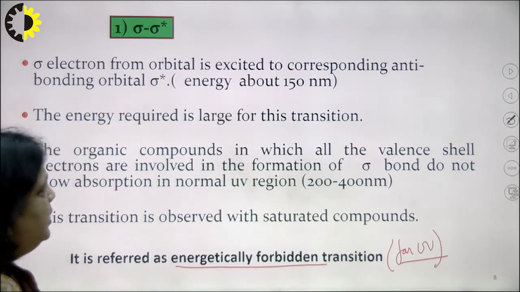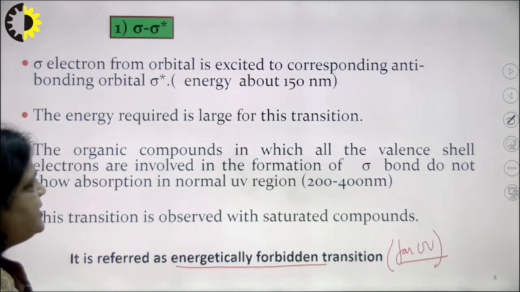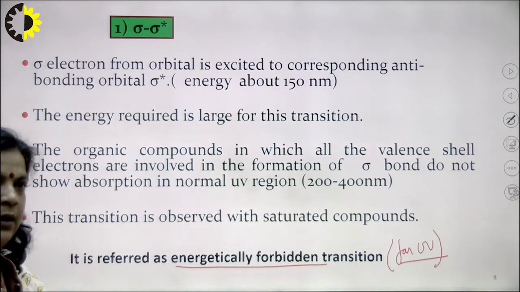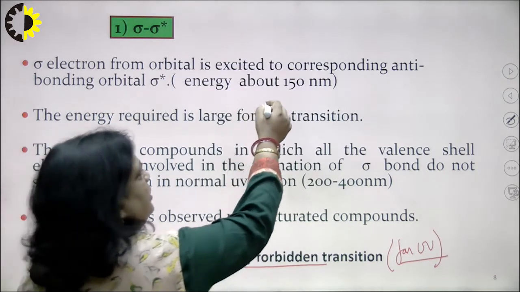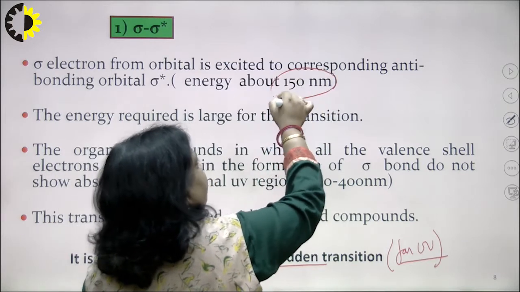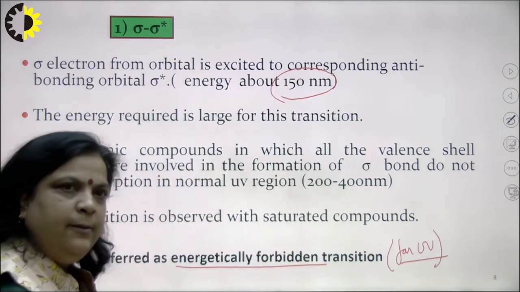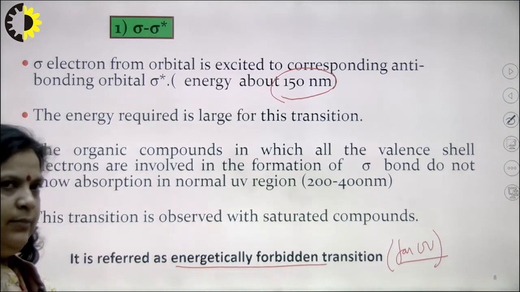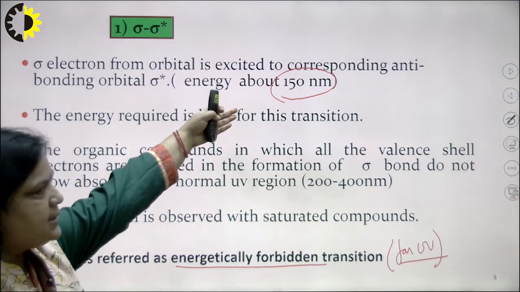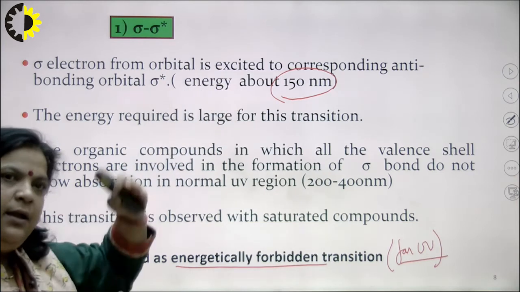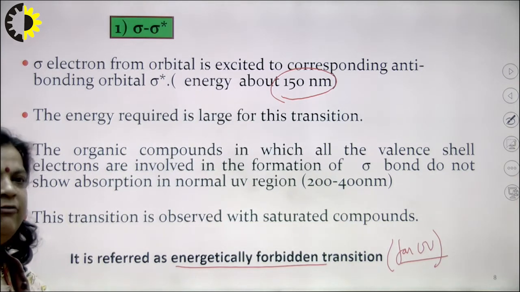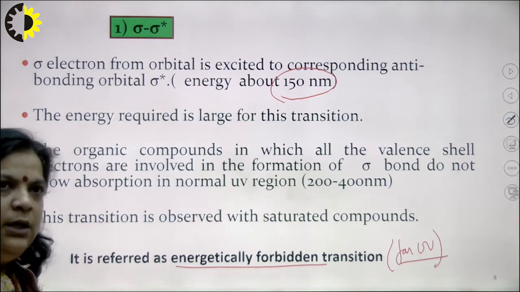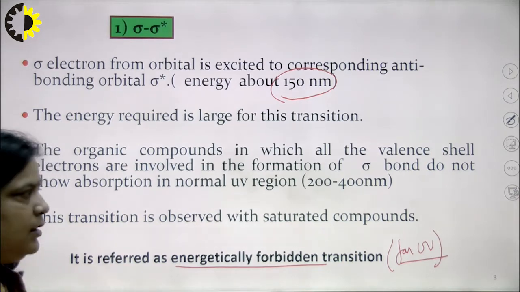Is that clear? So, a sigma electron is excited to the corresponding antibonding orbital, and the energy required is about 150 nanometer, which, if we compare energy with wavelength, is high and it comes in far UV region. And in which type of molecule does this type of transition appear?